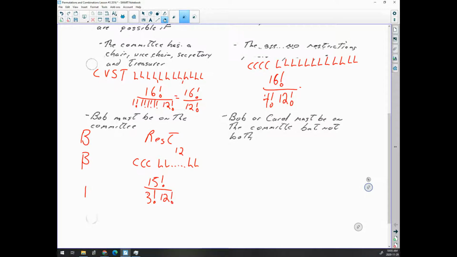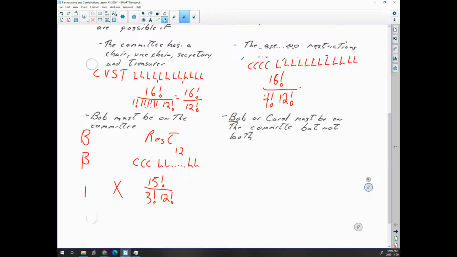Since it's Bob and the rest of the committee, we are going to multiply those together. Because again, what we have here is our fundamental counting principle. We're putting Bob on the committee, and then we are picking 3 more people to put on the committee.